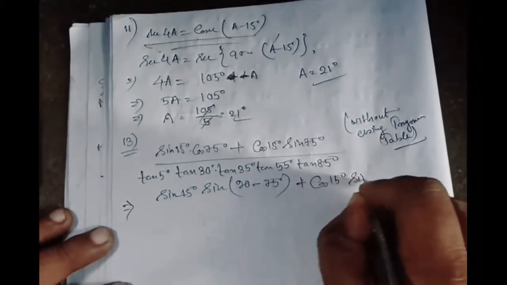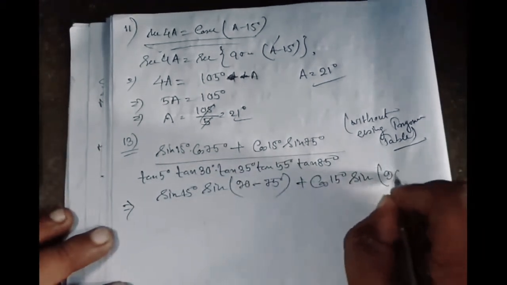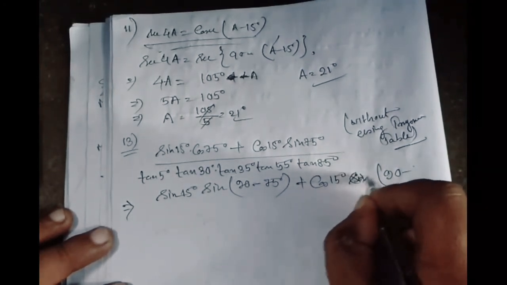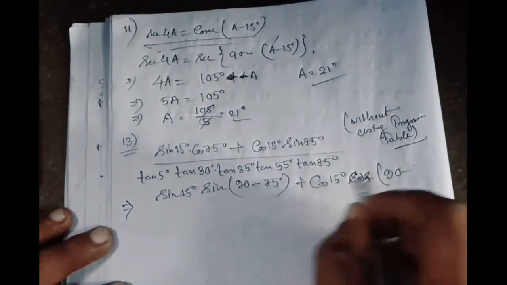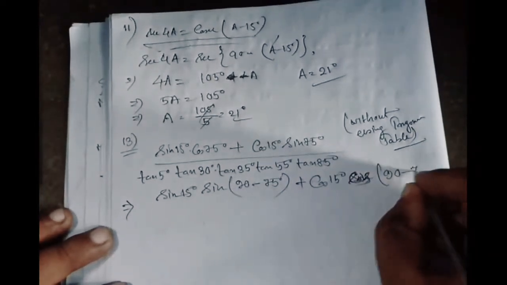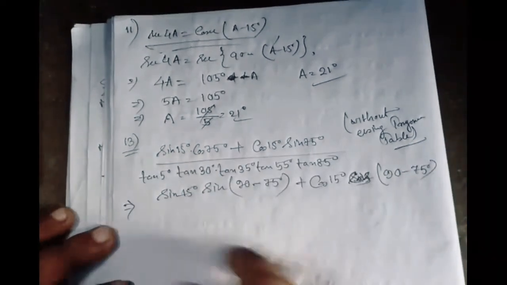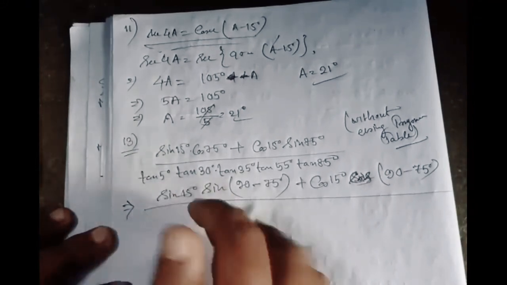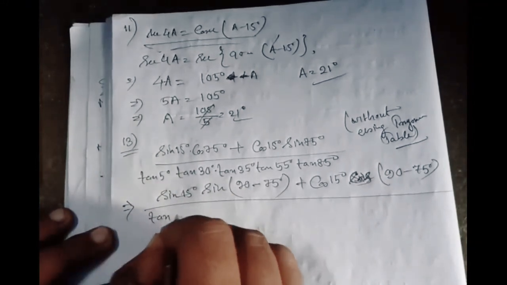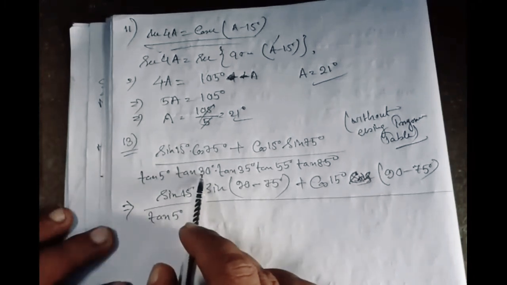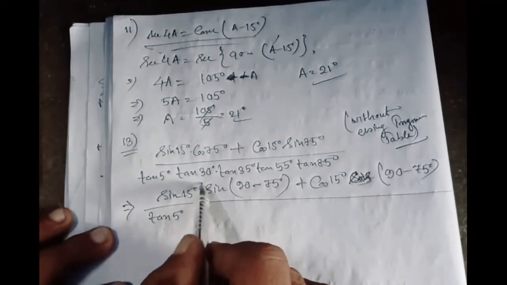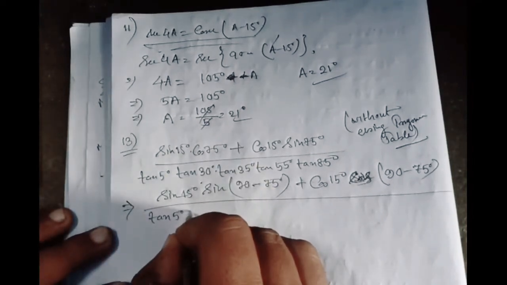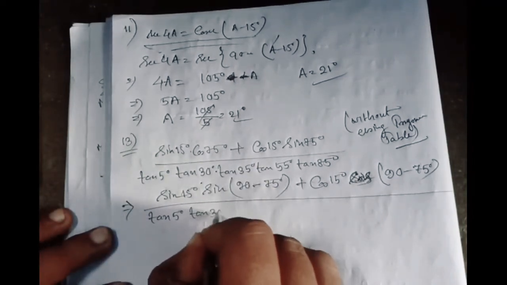Next, sin 75 means cos of 90 minus 75 degree, divided by tan 5 degree, tan 30 degree.